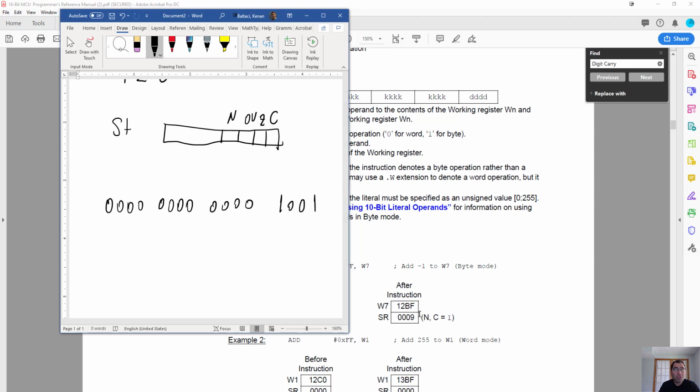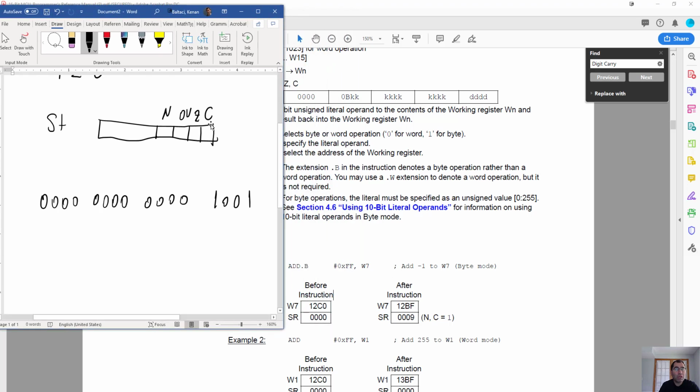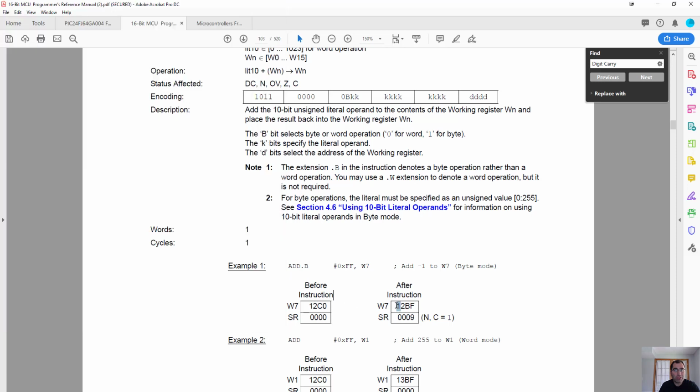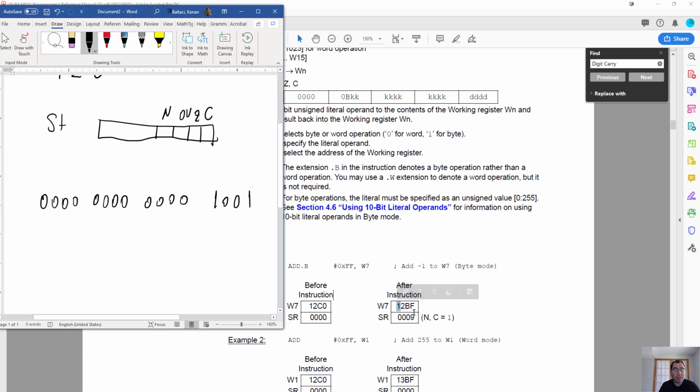So the question is, why is the carry flag raised? I mean, this bit didn't get any carry, right? So why do we have the carry flag raised?